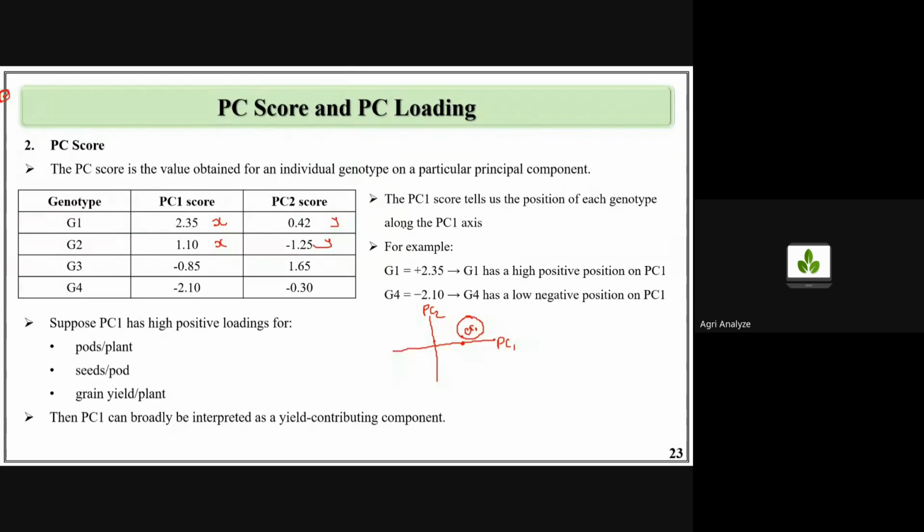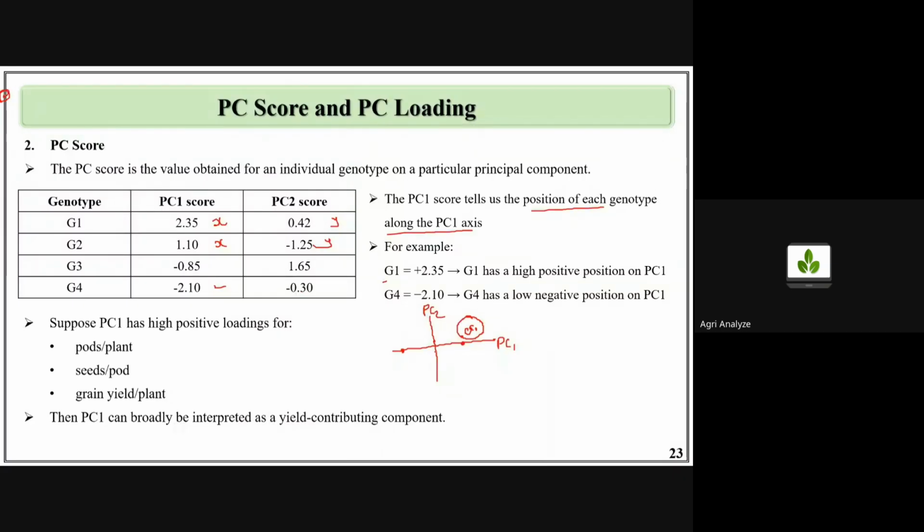Okay. So the PC1 score tells the position of our genotypes along the PC1 axis. G1 has a high positive position on PC1, and G4 has a minus 2.10 and minus 0.30.